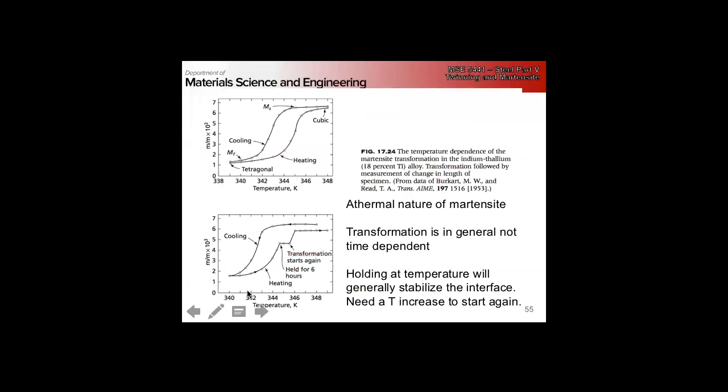We cool down past the martensite start. We start transforming. We end at the martensite finish. If we heat back up, we have to heat up higher before we start to transform. But it's athermal, right? It's not time dependent. What the heck do I mean by that?